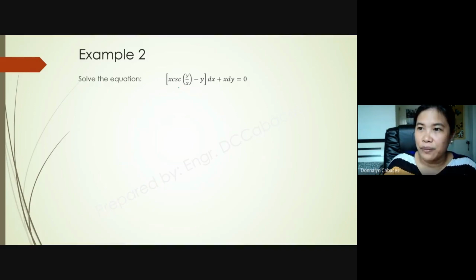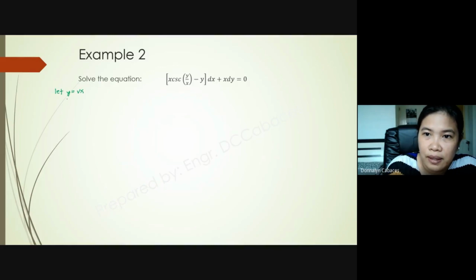So let us now solve this differential equation. If we use let y is equal to vx, then our dy, again the derivative of a product, is v dx plus x dv. So we substitute it here.